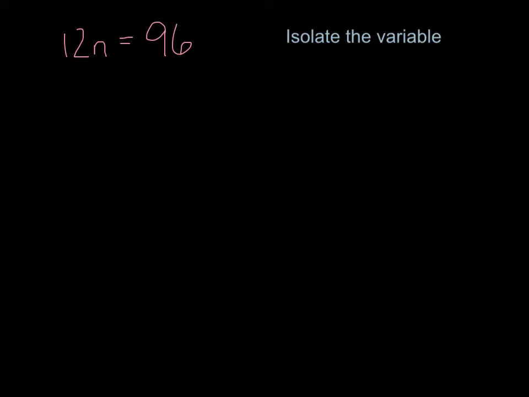We have to do the inverse operation to 12 times n because we have to get rid of this times 12 that we have right here. And the opposite operation of multiplication is division. So we have 12 times n, and now we're going to divide it by 12.